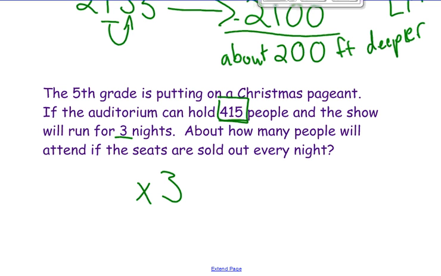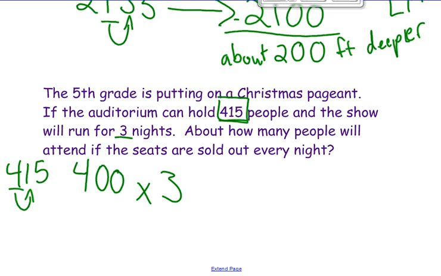So we want to round this number. And once again, if we put 415 here, we want to round to a nice even whole number that we can work with. And the easiest way to do that is to go to the nearest hundreds. Once again, lots of hundreds examples today. And so 4, look back 1 digit. It's a 1. 1 is less than 5, and so we're going to round down to 400.